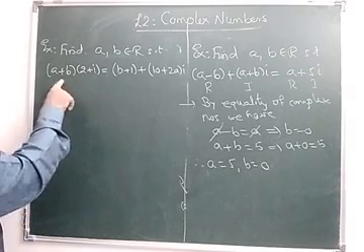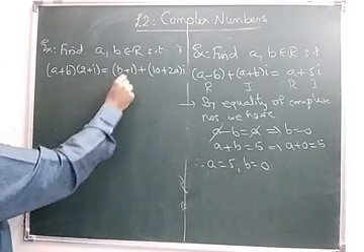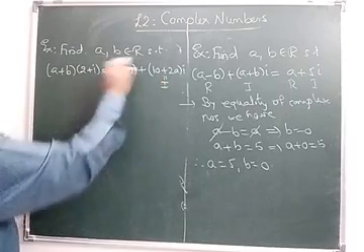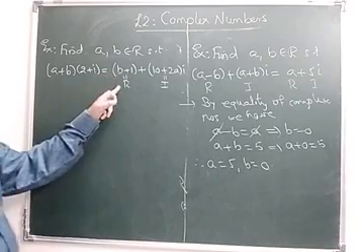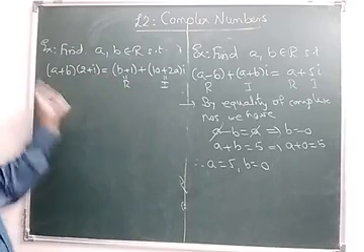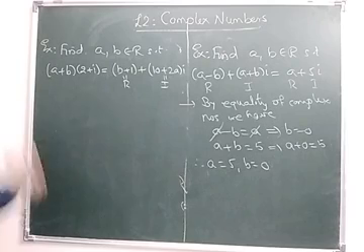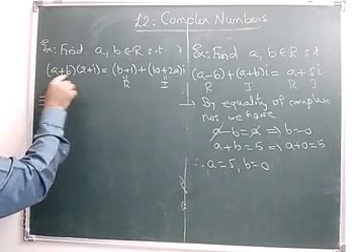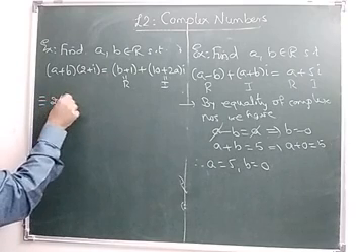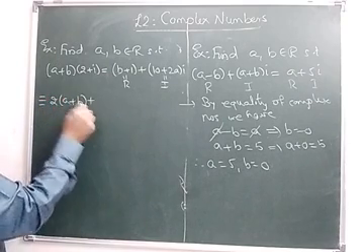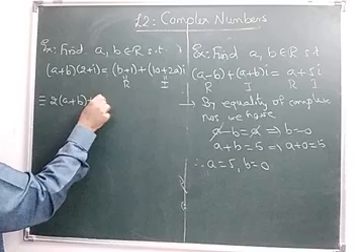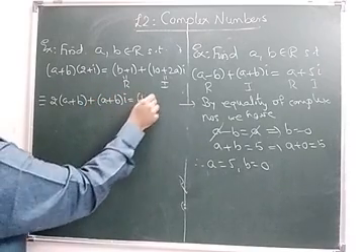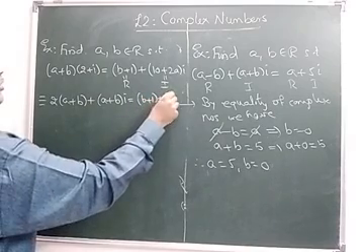Again here this is your real part and this is the imaginary part, because a and b are real numbers. So b plus 1 must be a real number, and 10 plus 2a is a real number. But here first you have to simplify this. So this is equivalent to 2 into (a plus b) plus (a plus b) into i is equal to (b plus 1) plus (10 plus 2a)i.